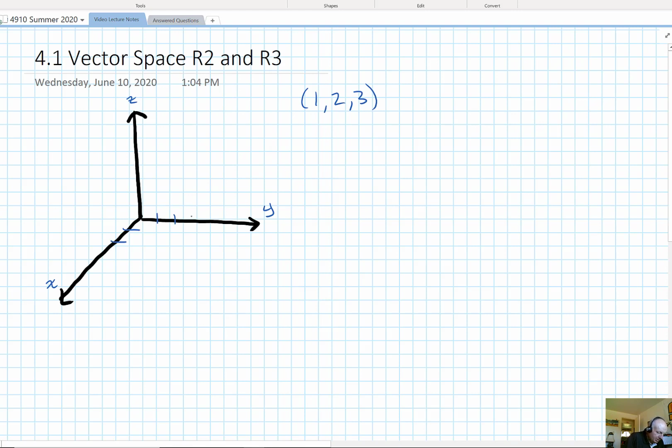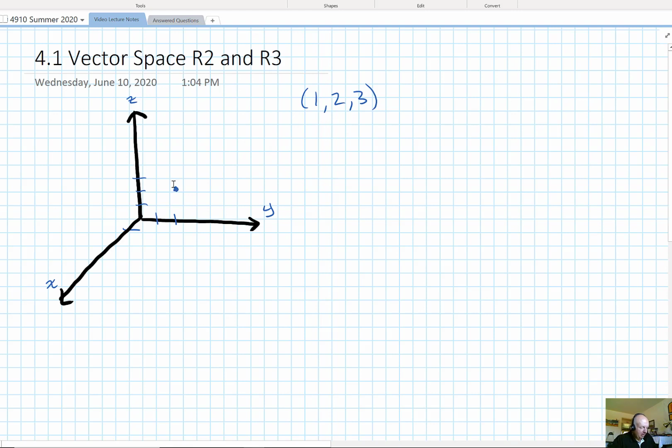Out the x direction 1, over the y direction 2 and up 3, and we get a point that lives about right there, and there it is.